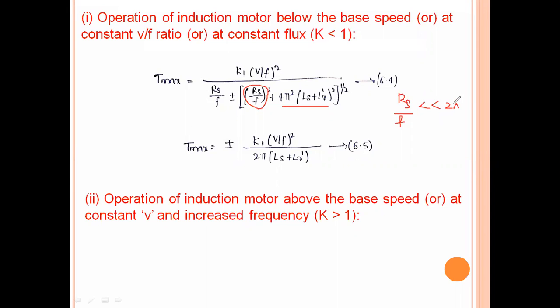Simply 2 pi into Ls plus Lr dash. When compared with this term, Rs by f is very much low, so I am going to neglect this Rs by f term.